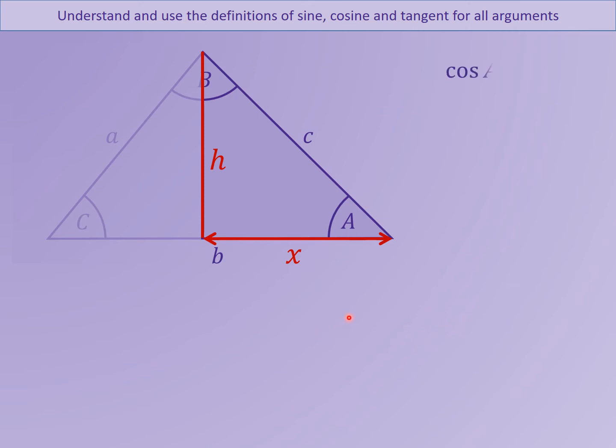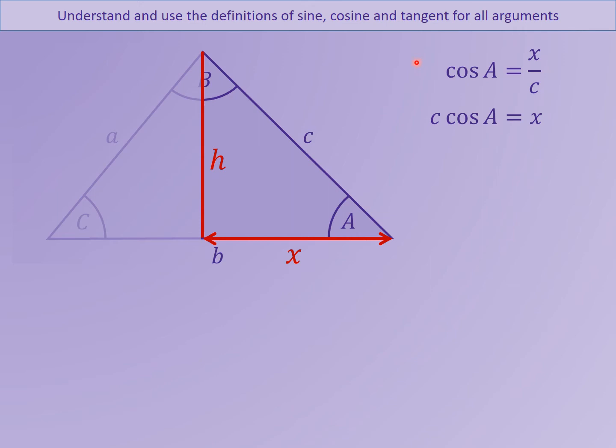So using that, I can now work out the ratio of cosine A. So cosine A would be adjacent over hypotenuse, which will be x over c. And very similar to in the last derivation, we can bring the denominator up to the left hand side, and we end up with c cosine A equals x.